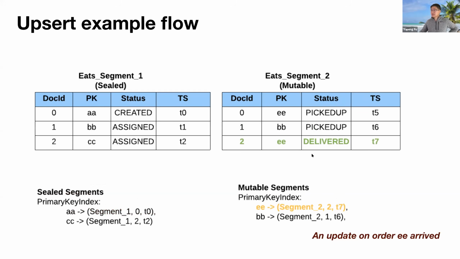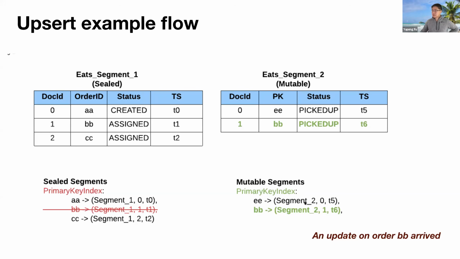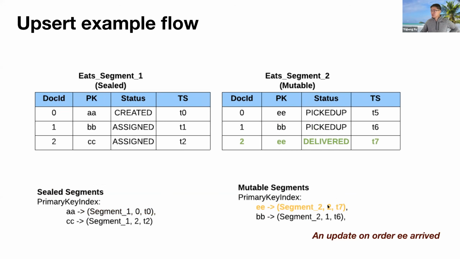And next, there's an update on the record of the mutable segment, which is E here, that changed from pickup to delivered. Comparing to the index, I use a yellow color to indicate the update, but not addition. Comparing to the previous slides, we had E with T5 and doc ID 0, and it updates to doc ID 2 and T7.